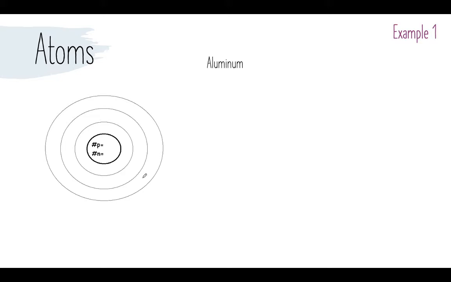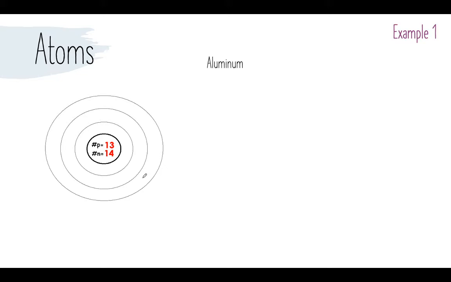I can get this information from the periodic table. If you're unsure of how to do that, maybe go back to that previous lesson and learn that very clearly before we get into this. Looking at the periodic table, I know that there are 13 protons and 14 neutrons for aluminum. So I'm going to write that information in the middle, which is what we call the nucleus.